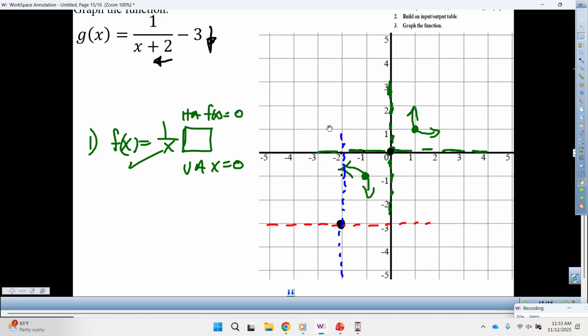And to graph our g of x, where shall we place a point? Tell your neighbor, where do we place a point to graph it? All right, help us out, Miguel. Where do I place a point? -2, -3.